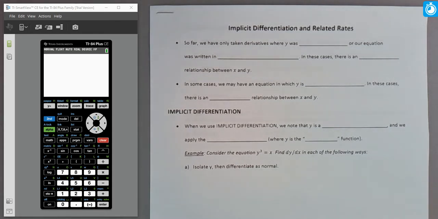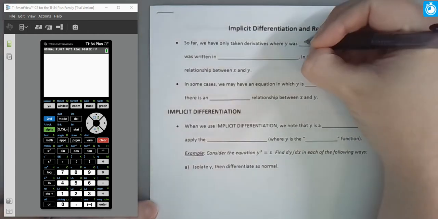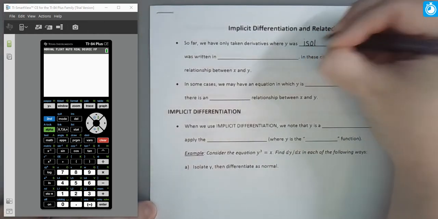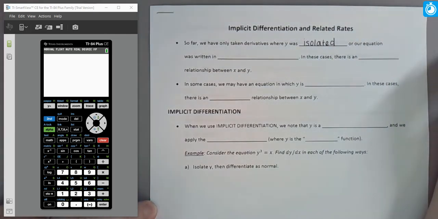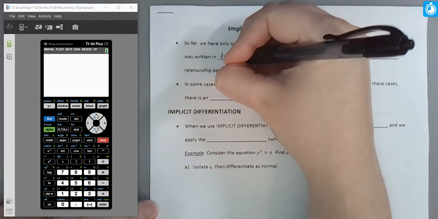So let's start with this idea of implicit differentiation. What does this mean? Well, let's think about how we've taken derivatives so far. So far we've only taken derivatives where y was isolated, it was already by itself, or potentially the equation between inputs and outputs was written in function notation.